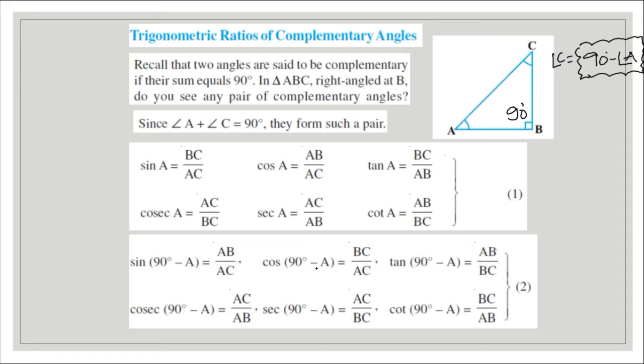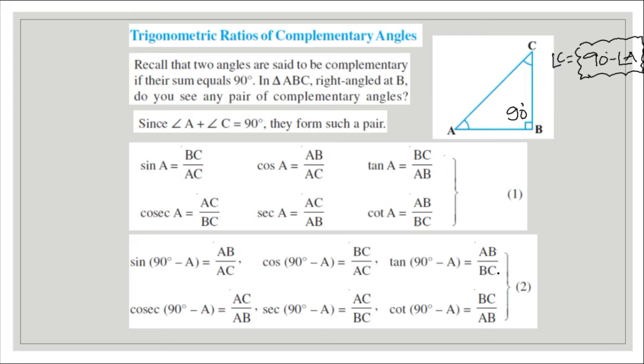Cos of 90 minus A is BC by AC. Tan of 90 minus A is AB by BC. Cosecant of 90 minus A is AC by AB. Secant of 90 minus A is AC by BC. Cotangent of 90 minus A is BC by AB.